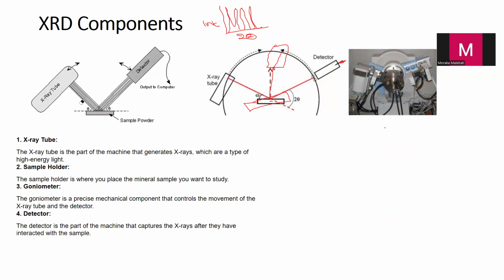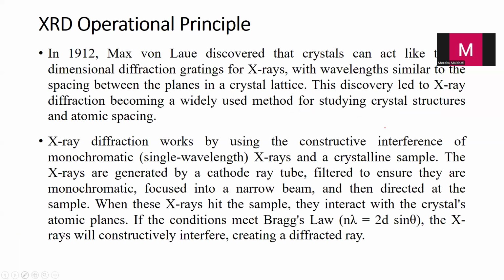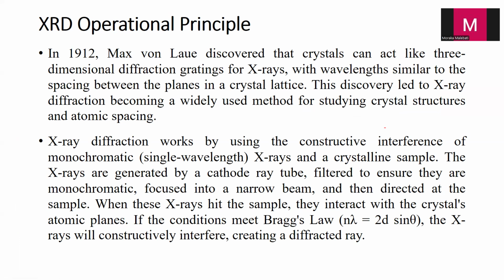All right. So basically those are the components that you would need to understand. Moving right on, we want to understand the operation now, how this XRD operates. In 1912, Max von Laue discovered that crystals can act like three-dimensional diffraction gratings for X-rays with wavelength similar to the spacing between the planes in a crystal lattice.